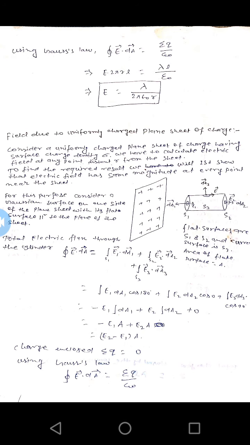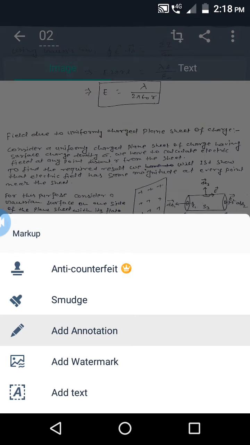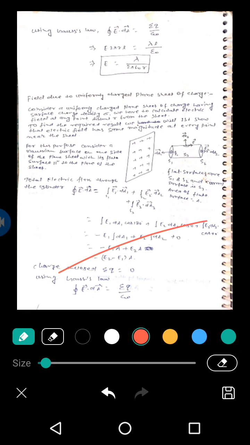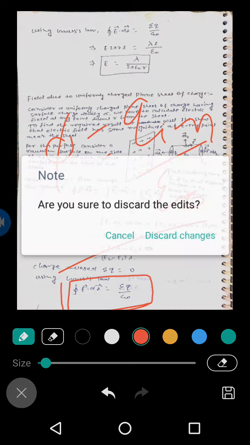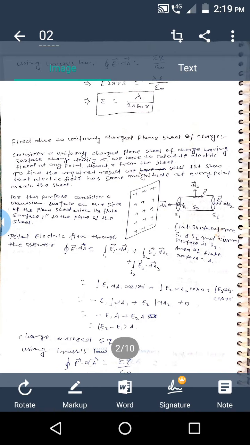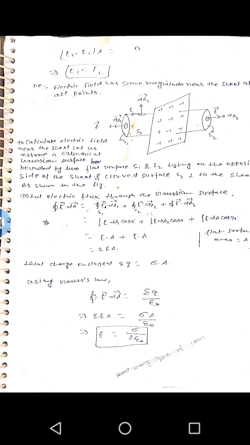Now using Gauss law, phi equal to charge enclosed upon epsilon naught, and the total charge enclosed is 0, that's why E2 minus E1 equal to 0, that's why E1 equal to E2. Hence we can say that the electric field near the infinite plane charged sheet is constant.